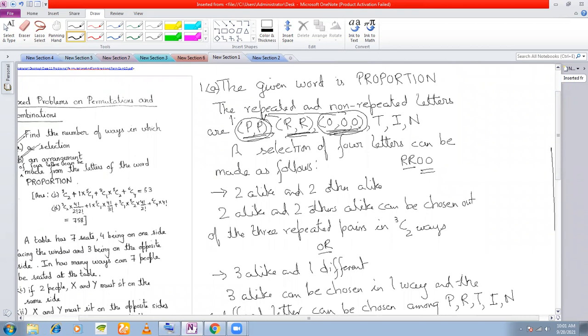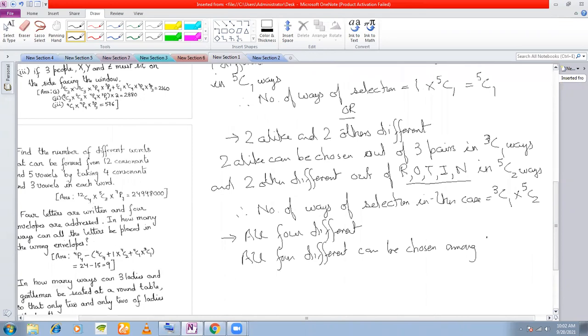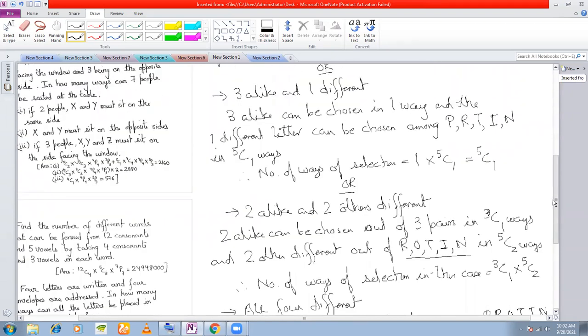You can have a P, you can have R, you can have O, and T, I, N. That is 6 letters. You have to choose four letters out of 6, which can be done in 6C4 ways. Right? So what is the total number of ways of selection?